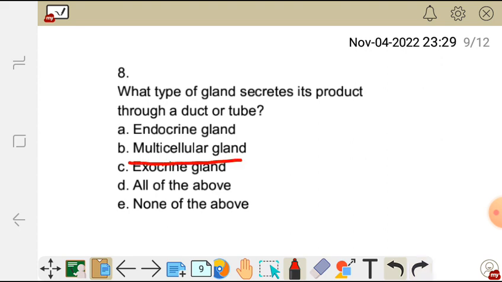Multicellular gland is simply one way of classifying glands: you have unicellular and multicellular glands, which are types of secretory glands. Then C, exocrine: these are the glands which secrete their product using a duct. So endocrine glands are ductless, exocrine glands secrete using a duct. The correct answer for question 8 is C.